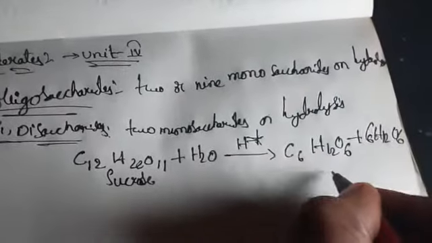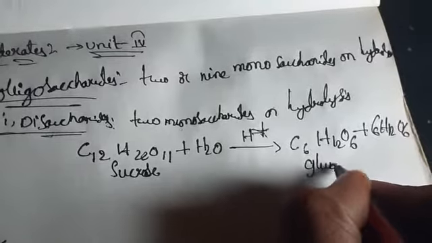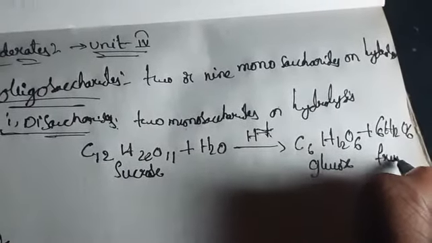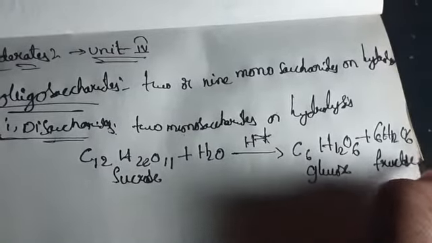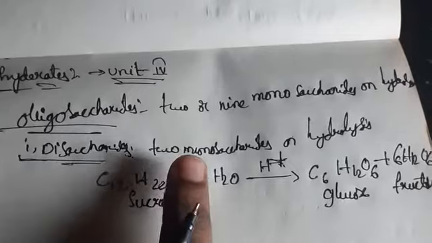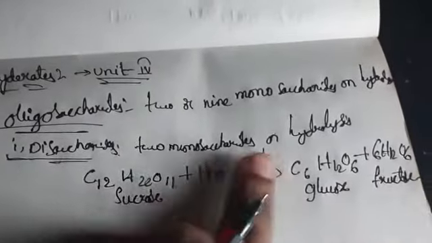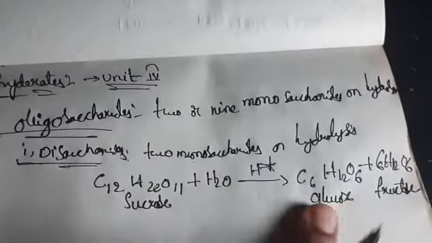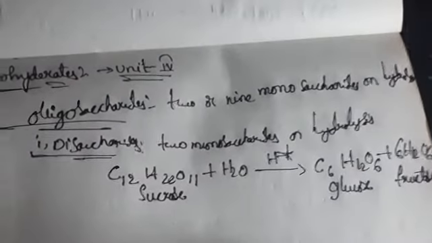This is the formula of glucose and this is the formula of fructose. So the compound containing 2 monosaccharides on hydrolysis gives disaccharides.